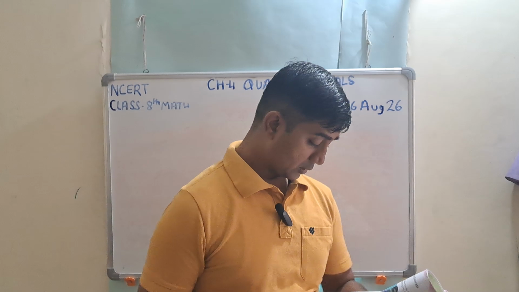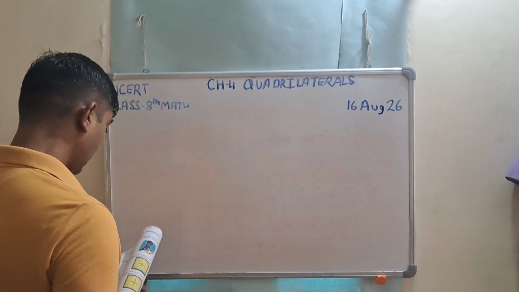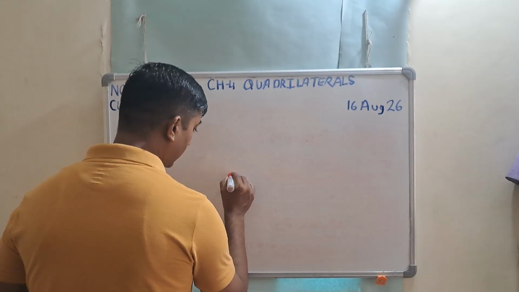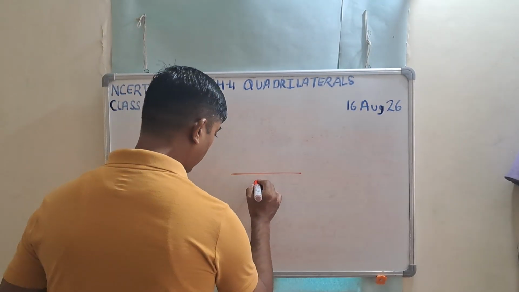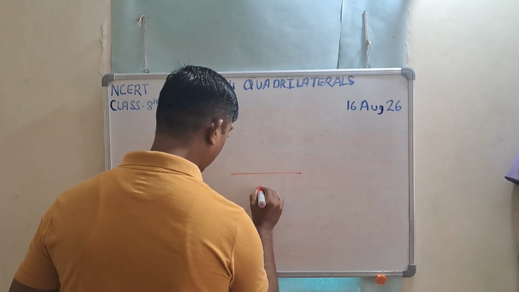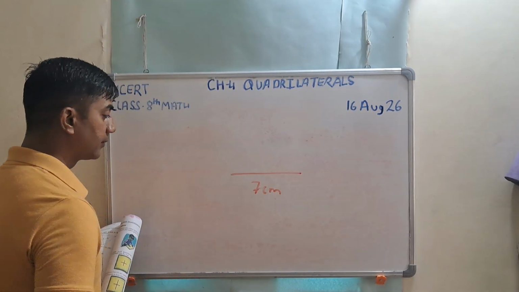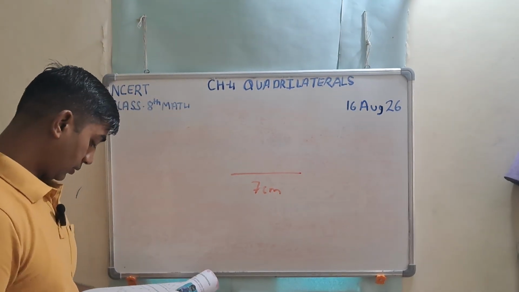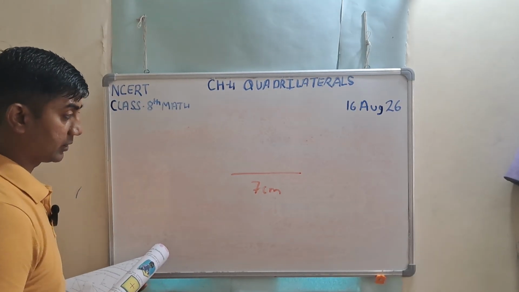Understood? What do we have to do? See, we draw a 7 centimeter length. How will you draw this? Now they have said we have to construct.